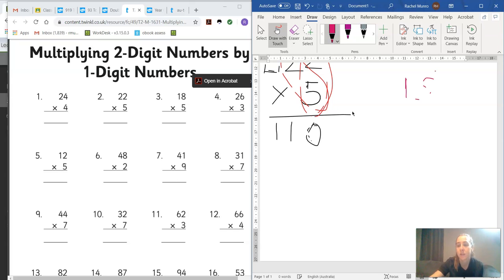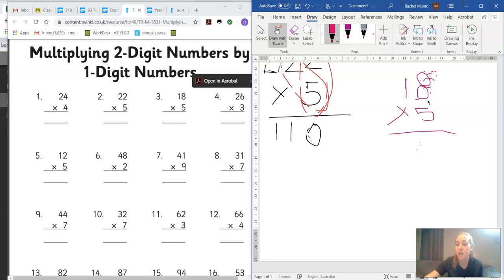18 multiplied by 5. So we need to do the first sum, which is 5 times 8. So 40.